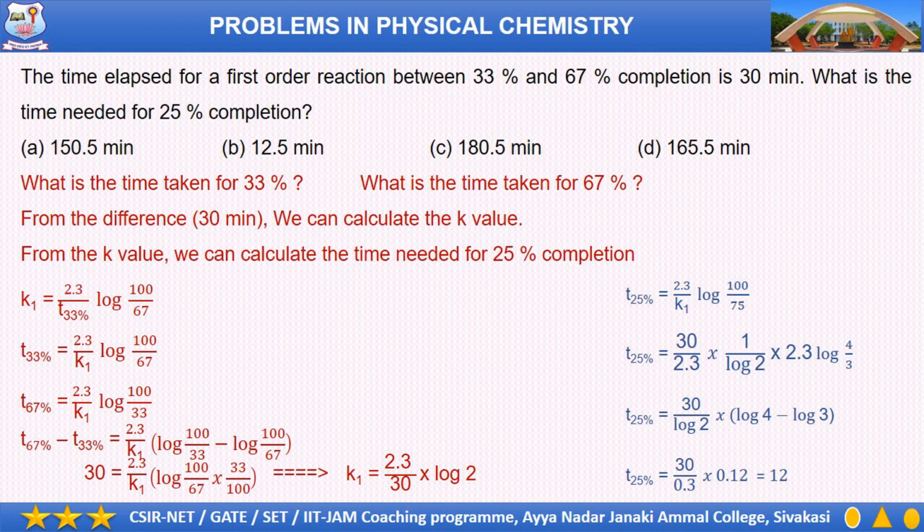Then in the same session we will see the variation of the rate constant and rate of the reaction with respect to temperature, or the temperature coefficient of the rate equation. Then we will see the Arrhenius rate equation. These are our goals to be completed in the next session.